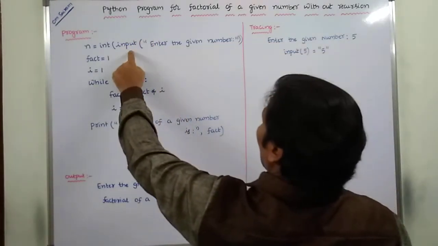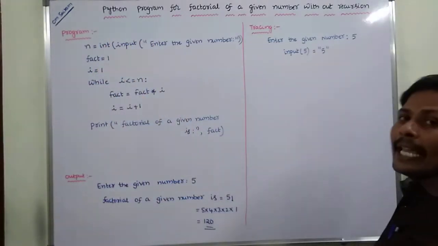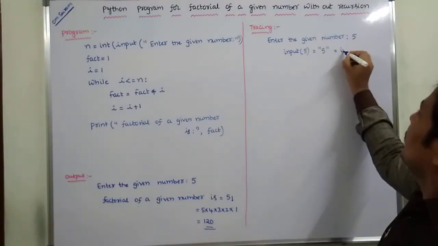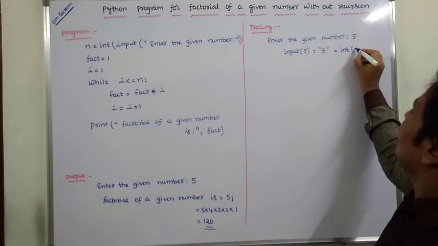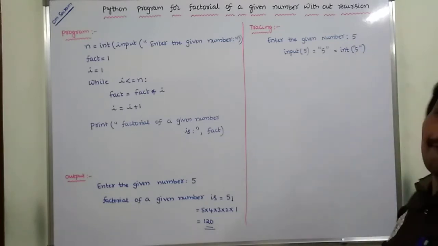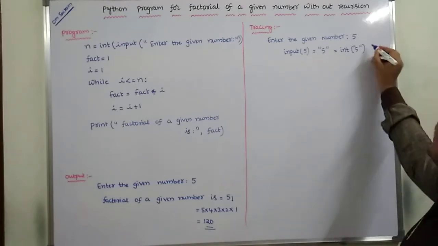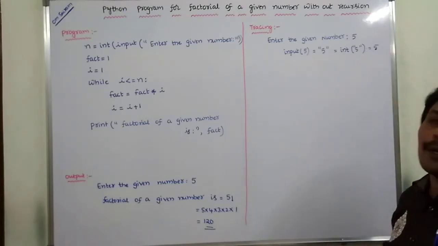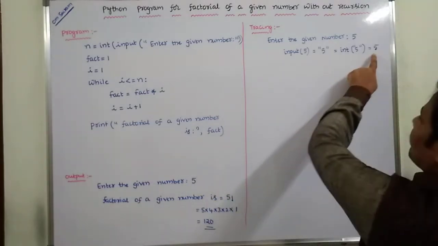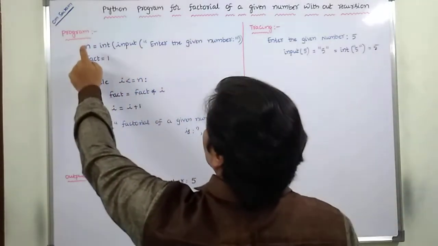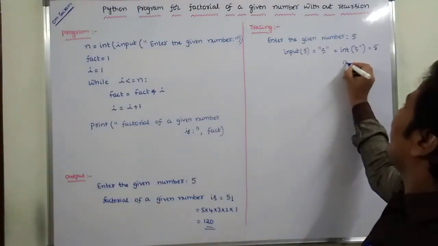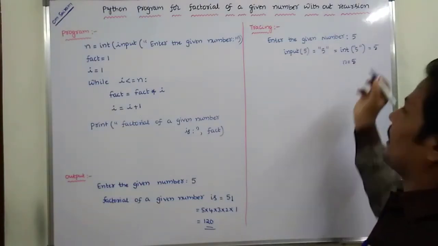This string value 5 can be taken by the typecasting int function, and it returns the integer 5. This integer 5 can be assigned to the variable n. So now n is equal to 5.